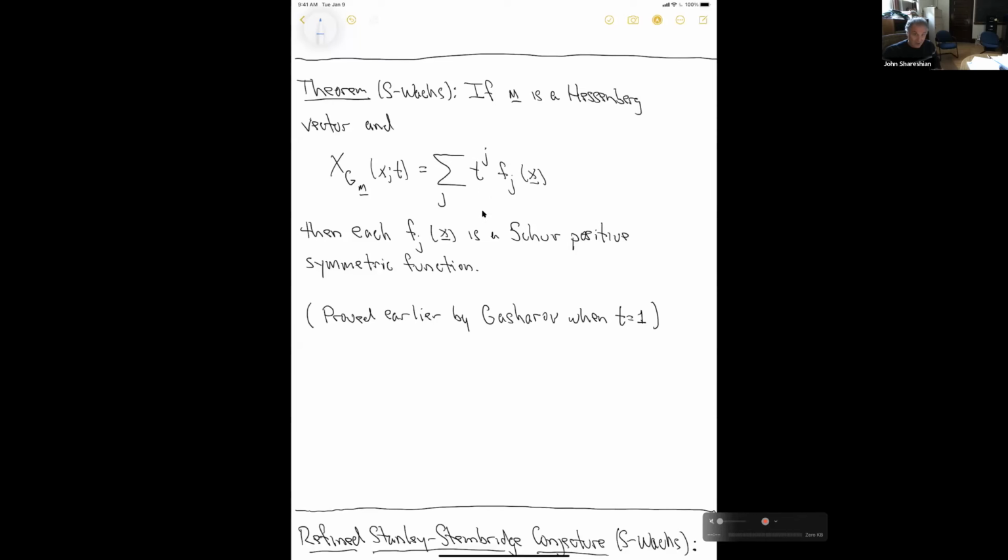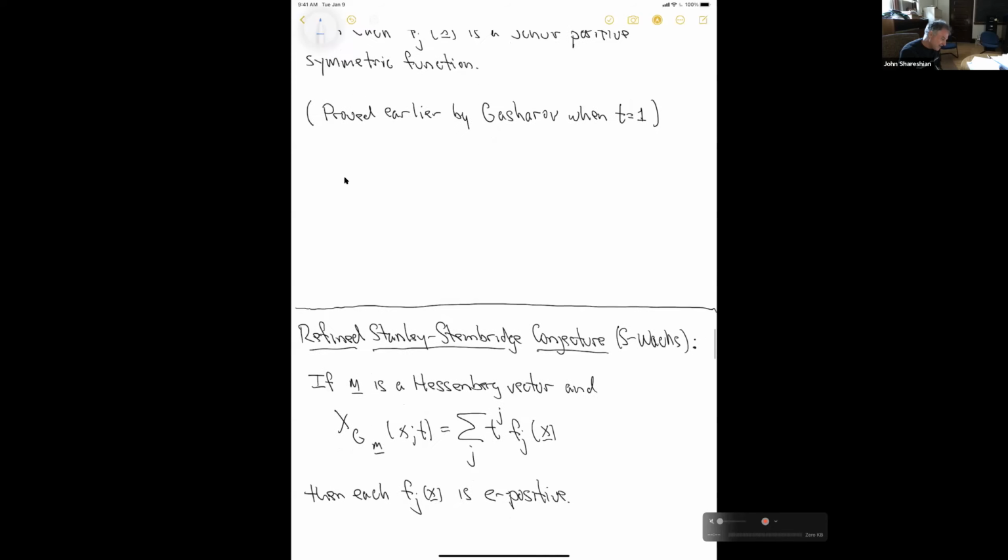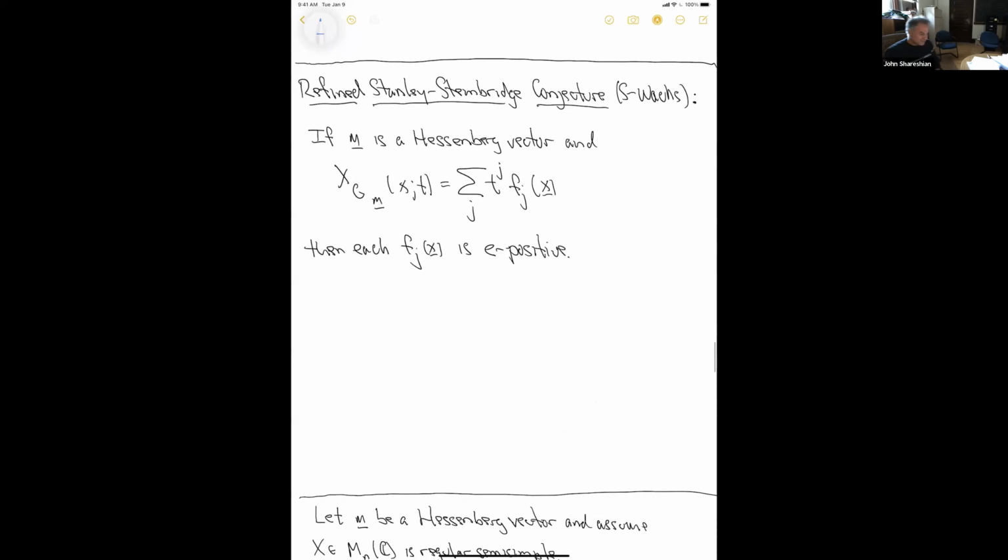The interesting part is that it's symmetric when you have a Hessenberg graph. So then it's natural to make the refined Stanley-Stembridge conjecture, which is that these things are in fact e-positive. If I think of this as a polynomial in T with coefficients in the ring of symmetric functions, all these coefficients are again non-negative integer combinations of elementary symmetric functions.